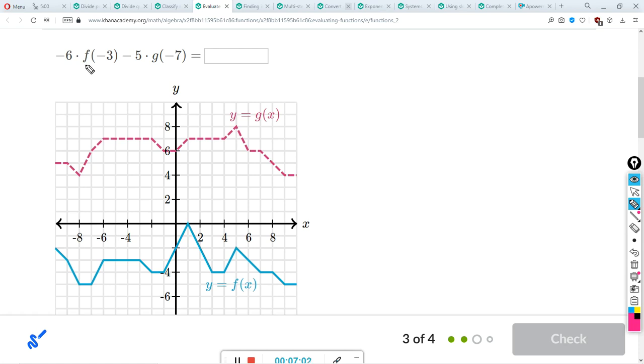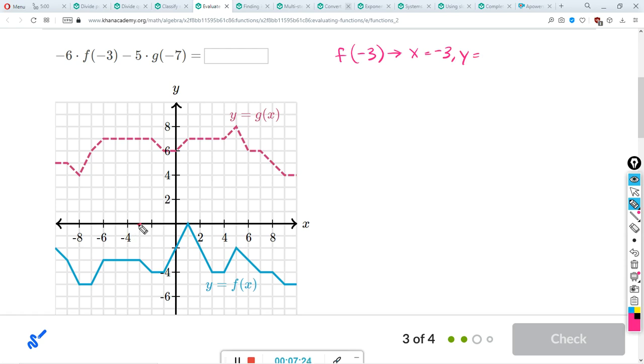So let's go to f of -3. So x is going to be -3. Go to x equals -3. So here's -4. This must be -2.